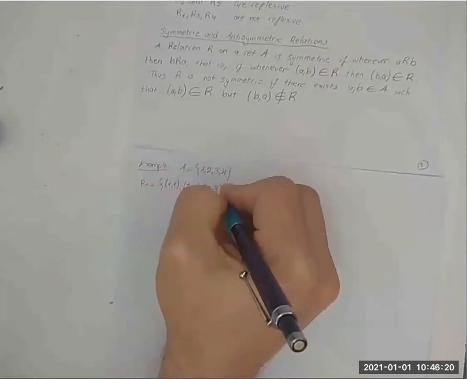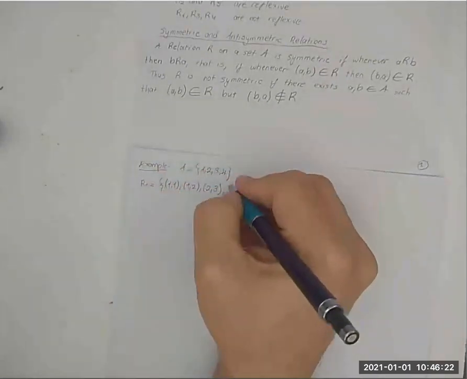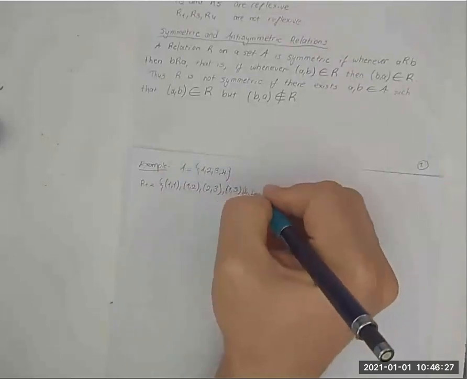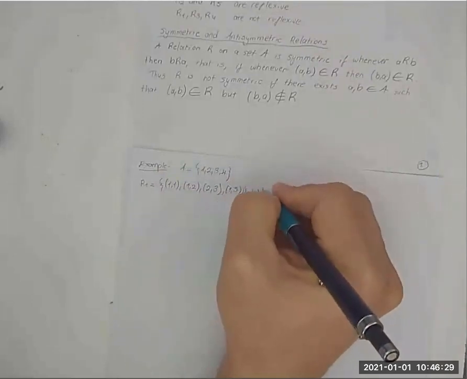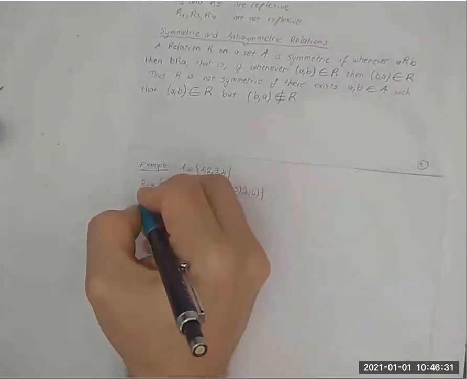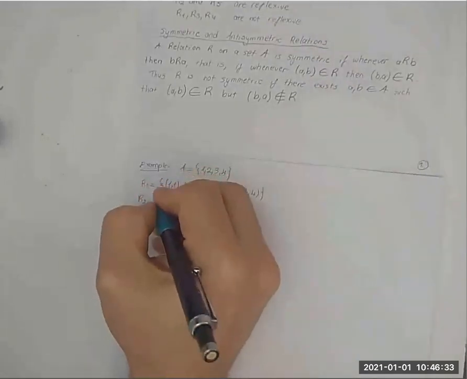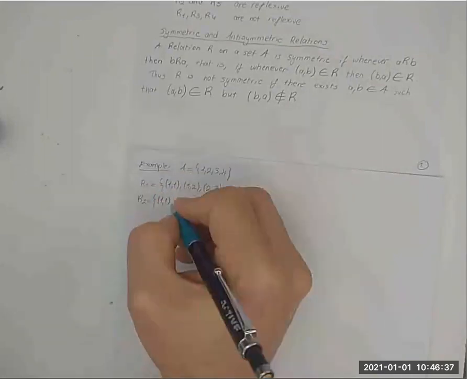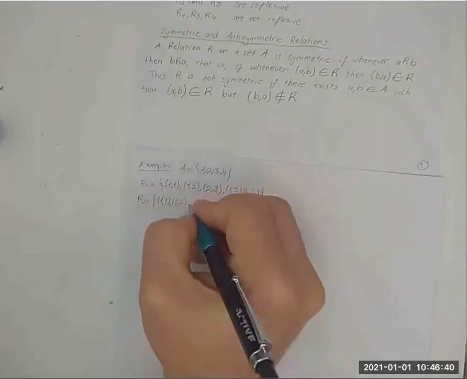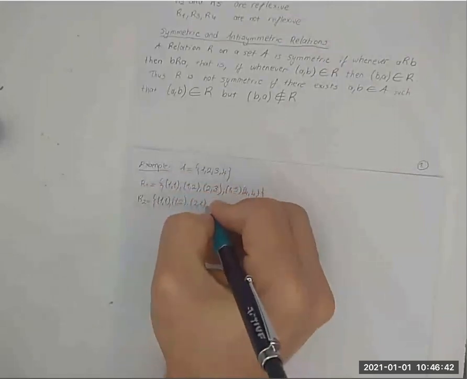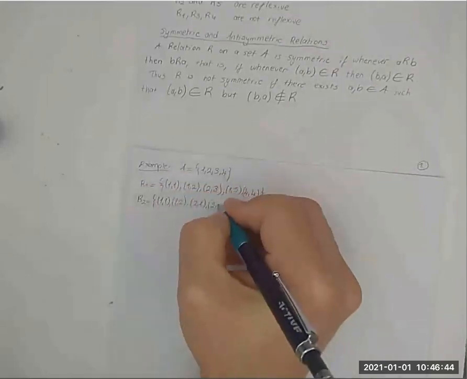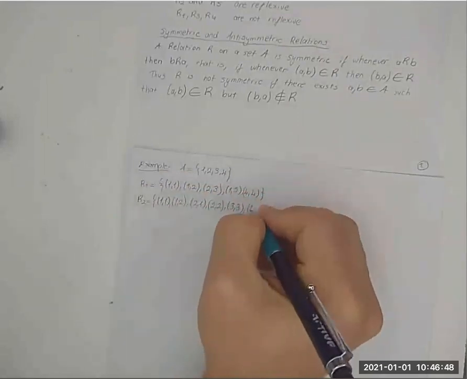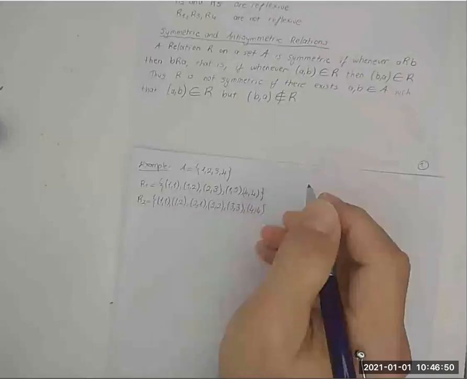And let's see the same example for symmetric and non-symmetric. Example: again we have set A, 1, 2, 3, and 4.